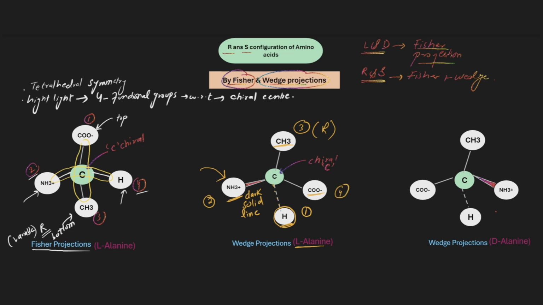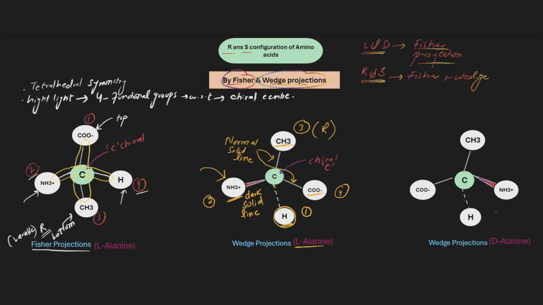Why are they represented by normal solid lines? Because both of these groups are in the same plane; they are neither projecting towards the viewer nor away from the viewer, they are in the medium plane, so we represent them with normal solid lines.